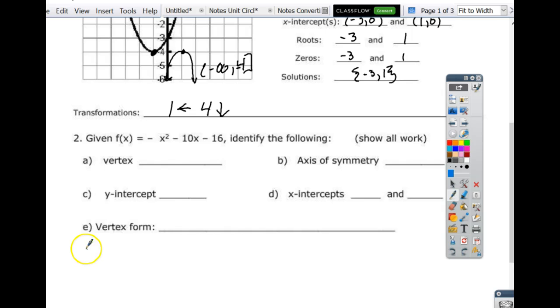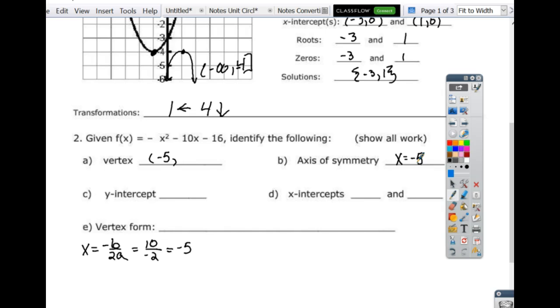I would do -b over 2a, because that'll give you the x of your vertex. So my -b would be minus the -10, which is a positive 10, over 2 times -1, which is -2. So the x of my vertex is -5, which makes the axis of symmetry -5.